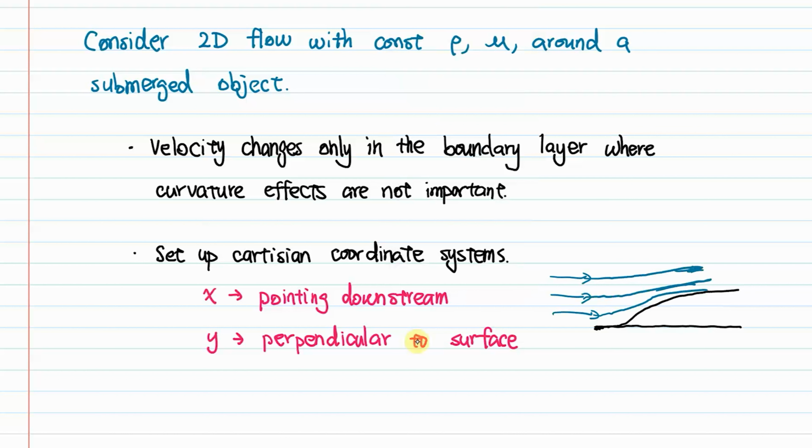So now we would define this direction as x and this direction as y, and we will have some boundary layer where we have velocity gradients, but once we approach the outer limit of the boundary layer, it becomes potential flow, so the velocity becomes constant with no gradients. Okay, so this part would be our boundary layer.